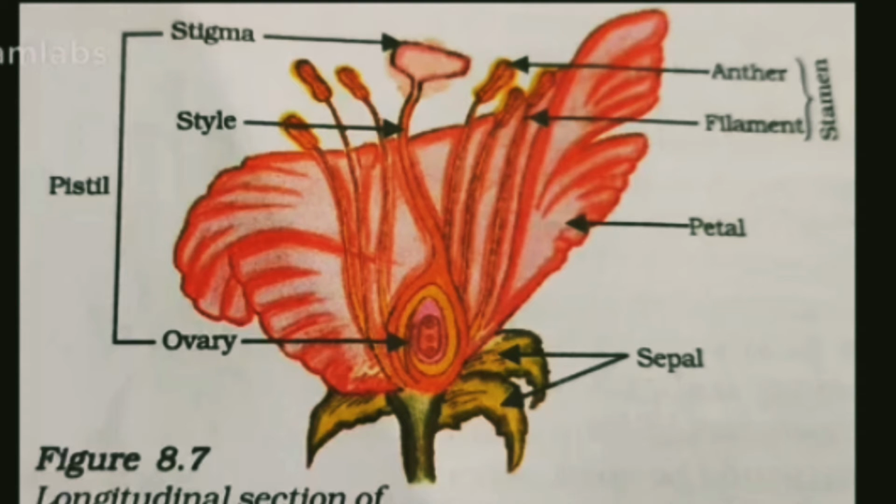Stigma has sugary content that helps the pollen to germinate. The pollen germinates to form a pollen tube, and that enters into the style and reaches the ovary.